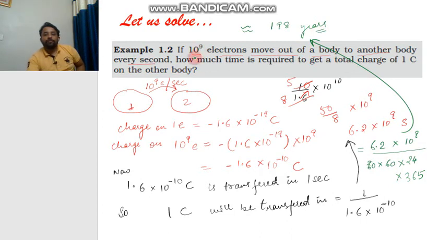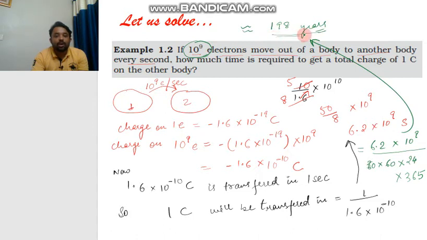So if 10 raised to power 9 electrons move out of a body to another body every second, you know that 10 raised to power 9 is a very big value. So even if electrons move from one body to another at the rate of 10 power 9 electrons per second, still it would take 198 years. 198 years is a very large period of time.